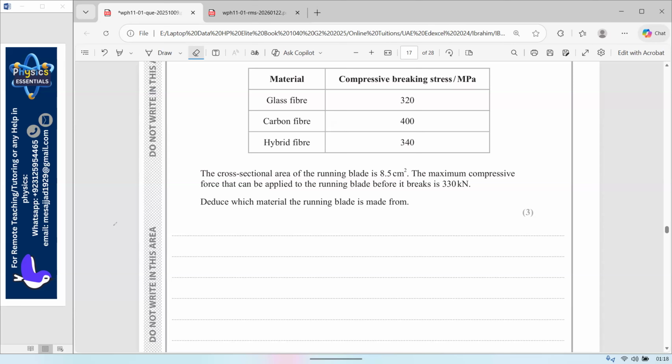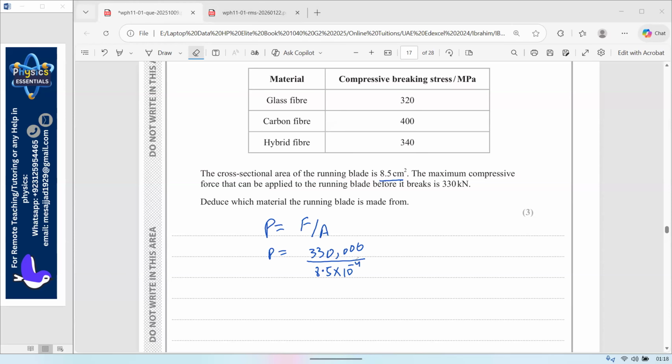So we just need to find the breaking stress, F over A. You already have the values for these, and 8.5 times 2 is not 4.